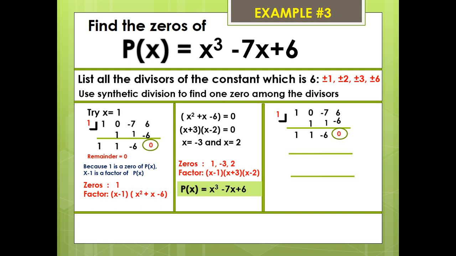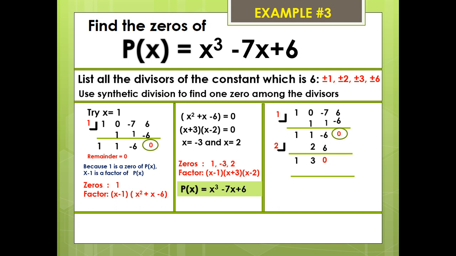Then, mag-try ulit tayo ng isa pang number. Try natin ang positive 2. Diyan lang din tayo, magko-continue lang tayo. So, bring down 1 times 2 is 2, plus 1 is 3, times 2 is 6. So, negative 6 plus 6 is equal to 0. So, check na naman tayo kasi remainder natin ay 0. So, isang number na lang yung hanapin natin. Madali na yan, no?